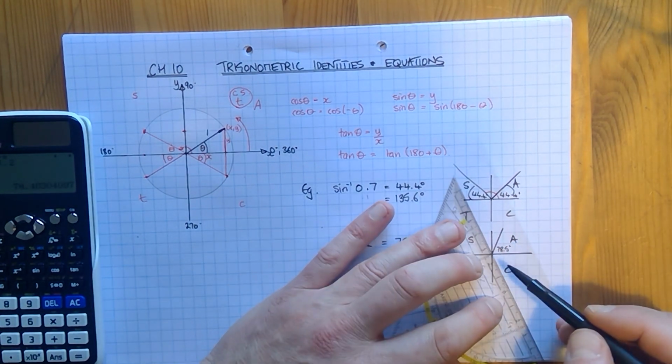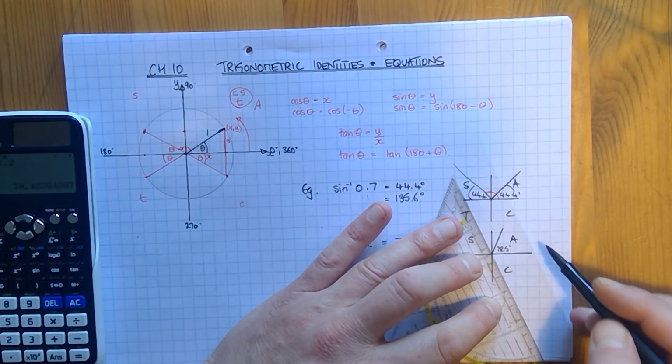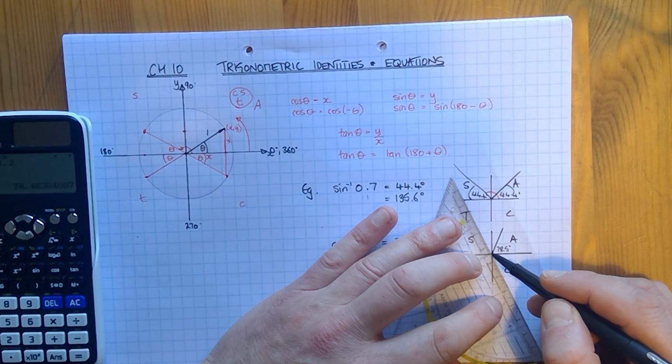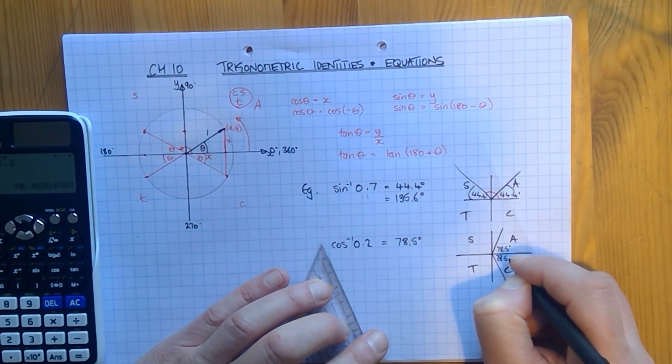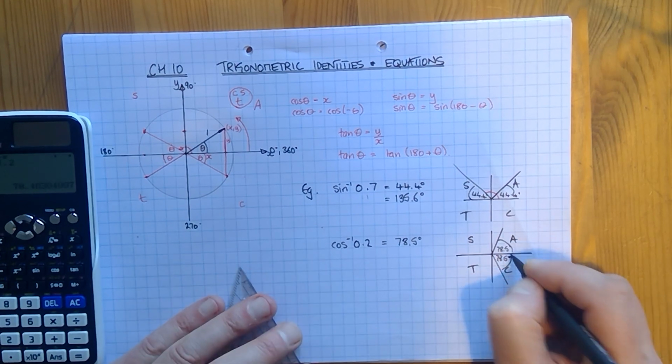So I'm going to draw a line here that reflects in the x-axis, where that is 78.5 degrees also.